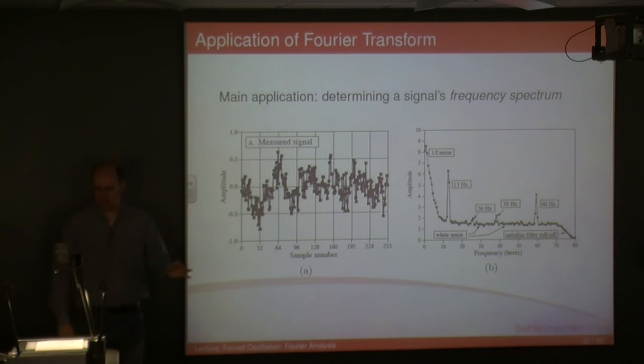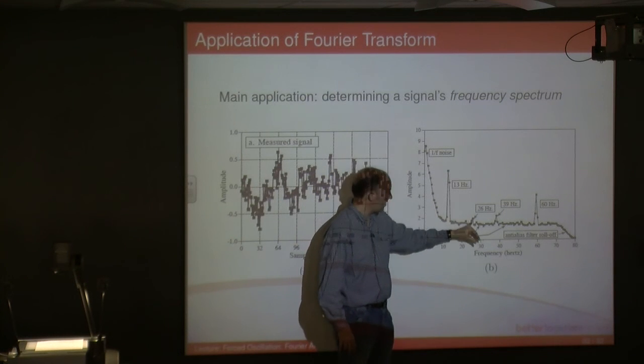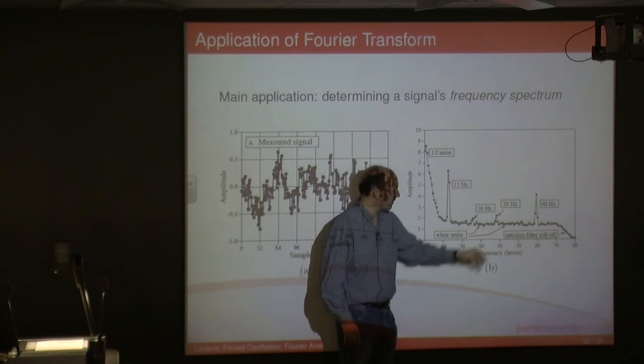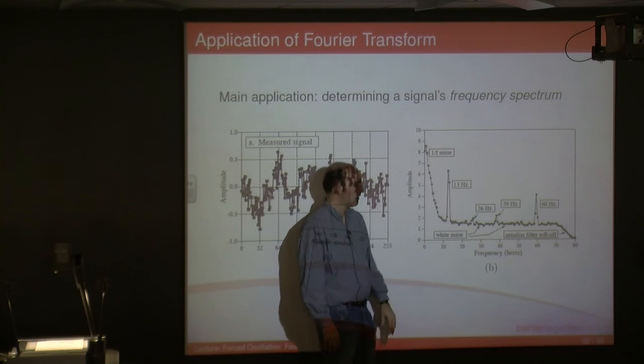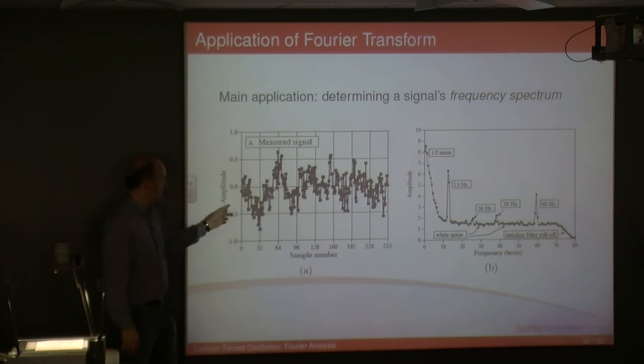That gives you an idea of the way this could be applied. You could take a measured signal, take the Fourier transform, and get your frequency spectrum. It's quite clear that here we've got 3 different frequencies. These are quite low frequencies, but you could do the same thing with a time domain signal of a sound that's being made.